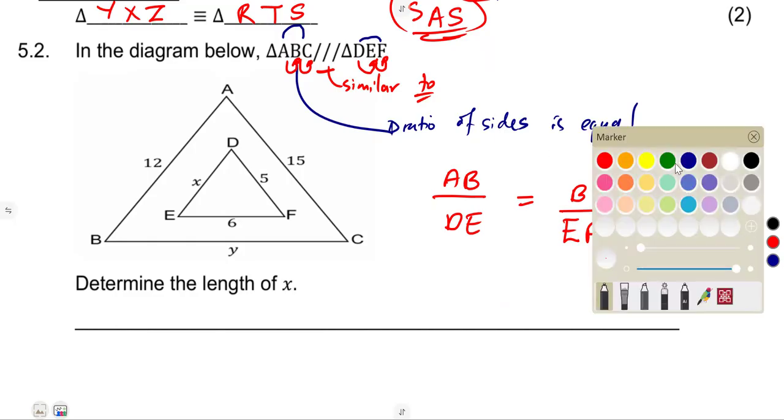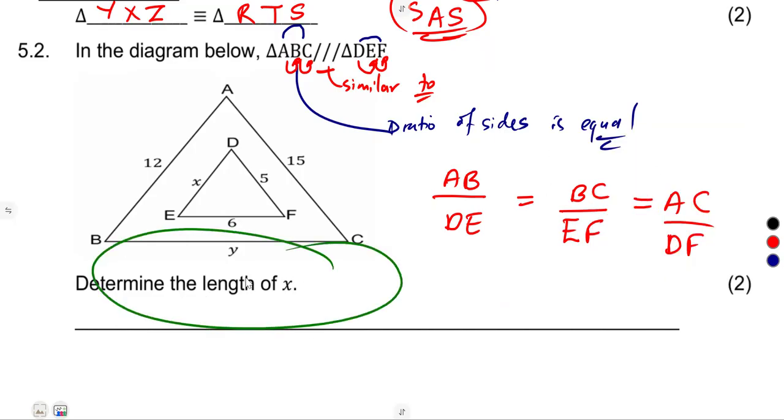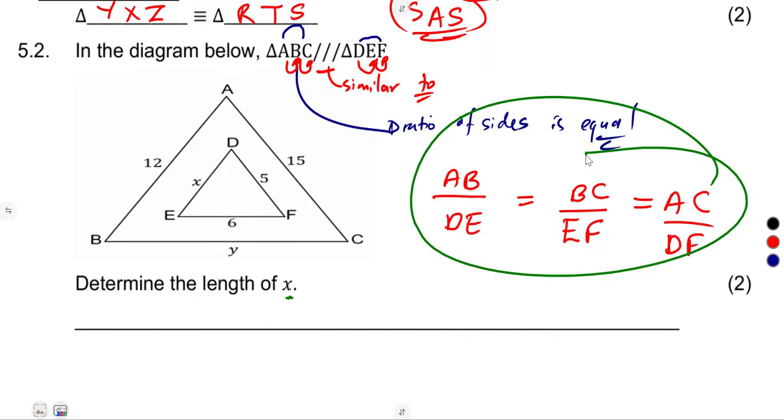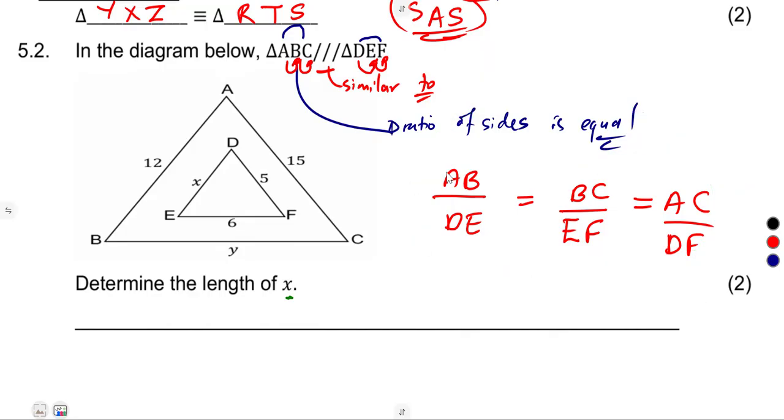Anyways, the question here was to determine the length of X. Since they are similar figures, you write the ratio of sides like this. Then you figure out which part represents X. X is what? Is DE. So the question is for you to find DE. This is our DE.